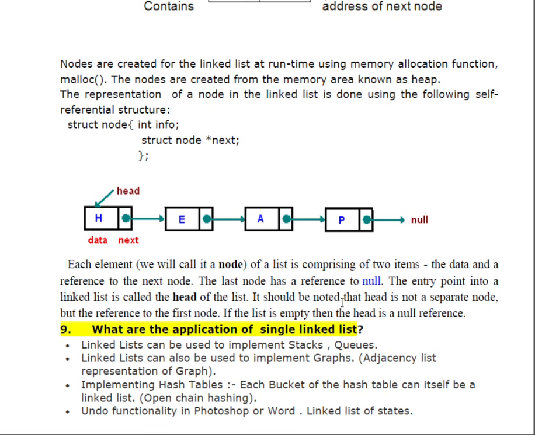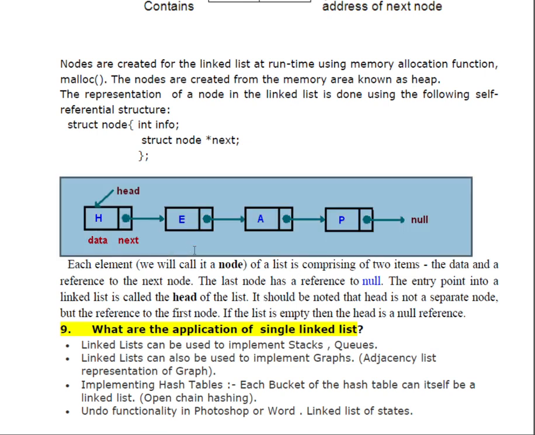It should be noted that the head is not a separate node, but the reference to the first node. If the list is empty, then head is a null reference. We all know that it contains the null value when there are no other next nodes present.